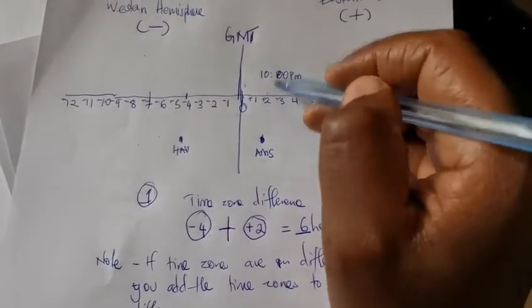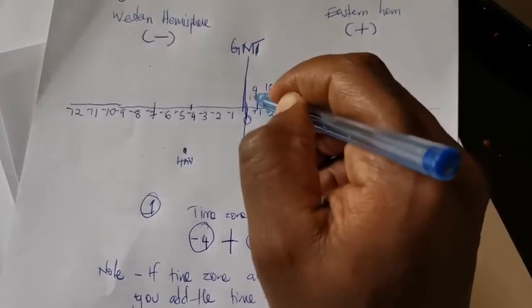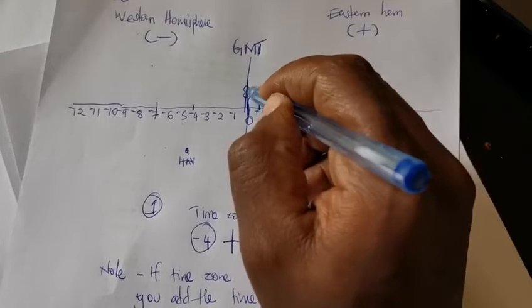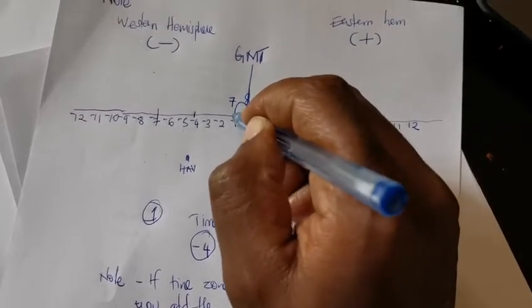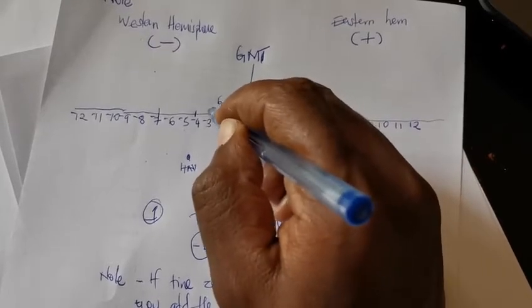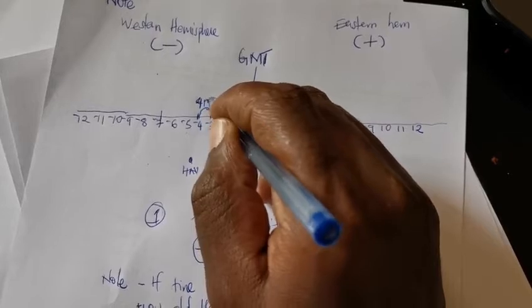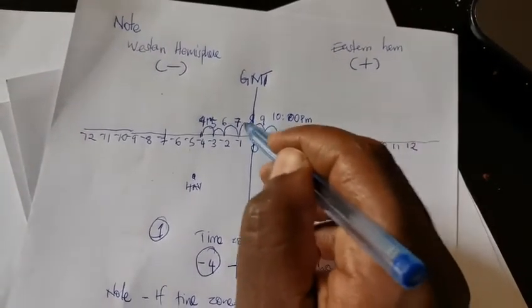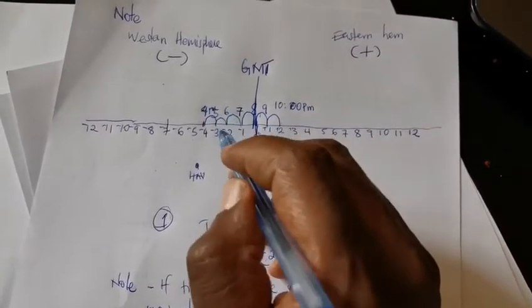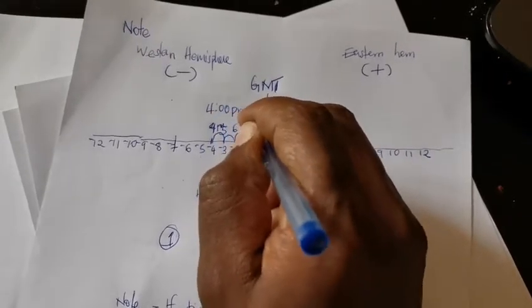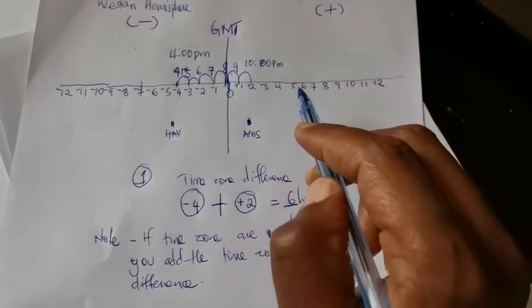Here it's 9 p.m. Going back, 8 p.m. Back again, 7 p.m., then 6 p.m., then 5 p.m., then 4 p.m. So we've gone back 6 hours, the time zone difference, meaning that it's 4 p.m. in Havana when it's 10 p.m. in Amsterdam.